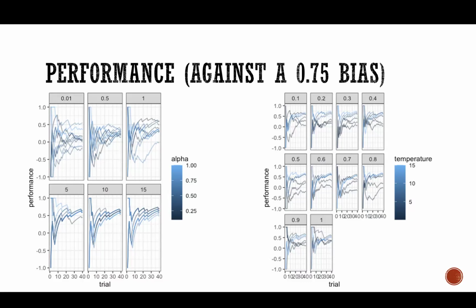I should have written tau. As you increase the tau, that is, you decrease the temperature, things are getting very messy. Because if you learn a lot, you're swayed by the noisy behavior of the biased agent, and the temperature is not moving you away from that.